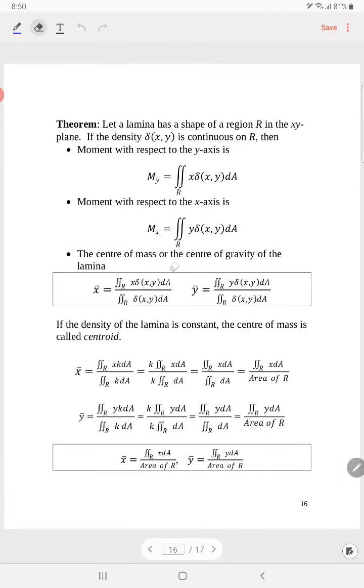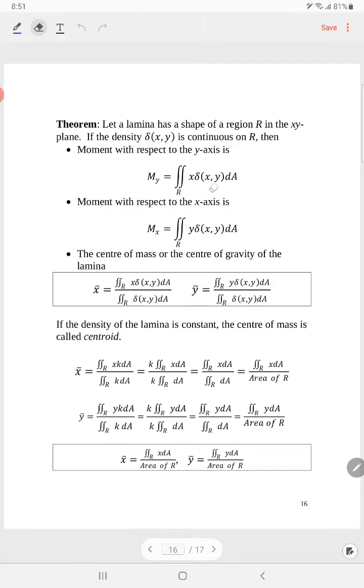For the center of mass, the center of gravity is equal to x bar and y bar. x bar is equal to x times density integrated over region R, divided by density integrated over region R. y bar is equal to y times density integrated over region R, divided by density integrated over region R. The numerator here is x times density.